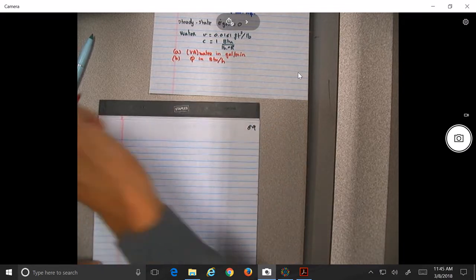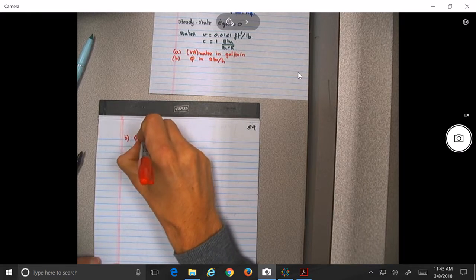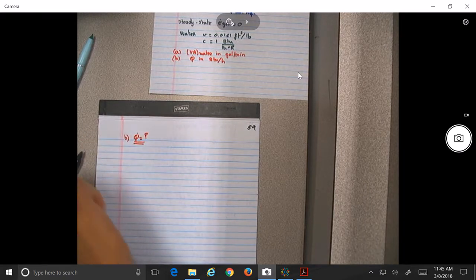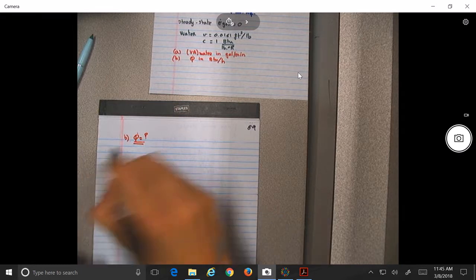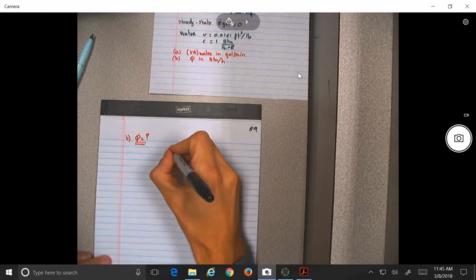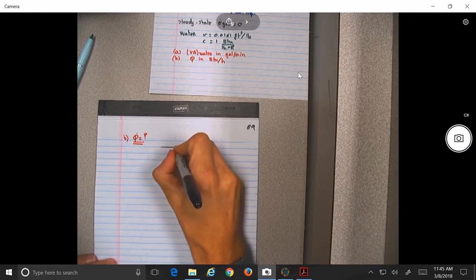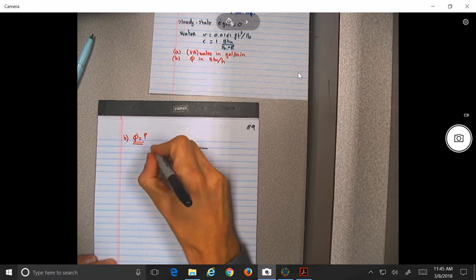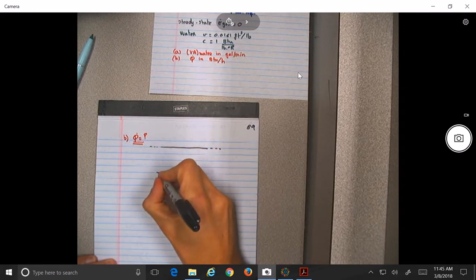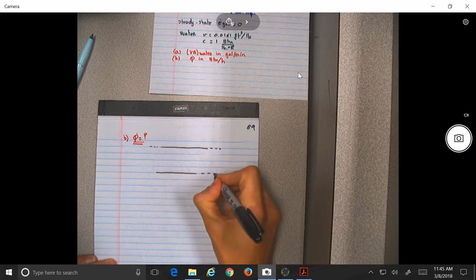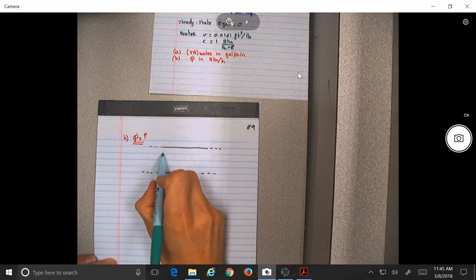Okay, so part B, we need to find Q. So over here, let me just do one little piece of the figure we had of the tubes.